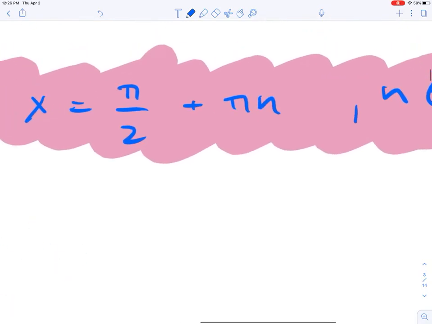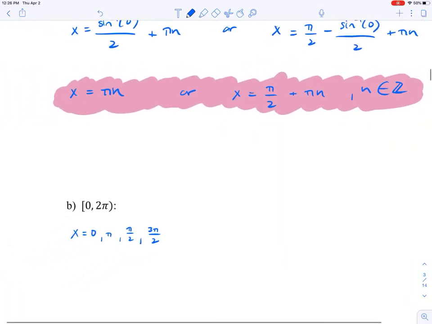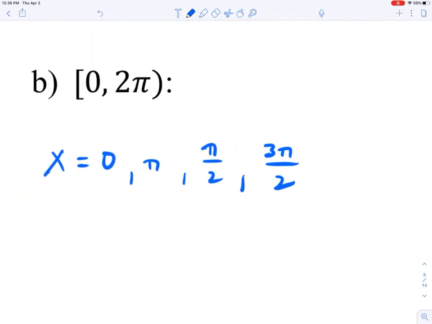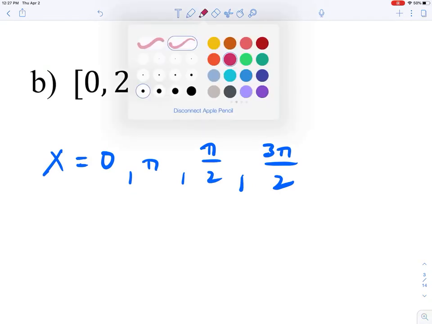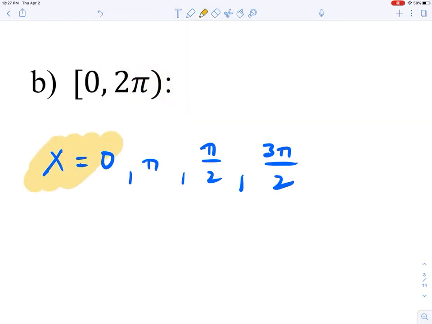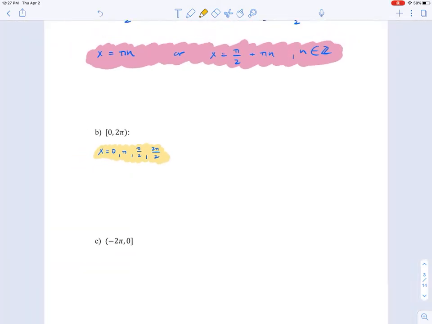Okay. And if n were equal to 2, that would be pi over 2 plus 2 pi. Well, I can see that that's going to be a value that is outside the interval from 0 to 2 pi. So these are actually the solutions to that equation on the interval from 0 to 2 pi.